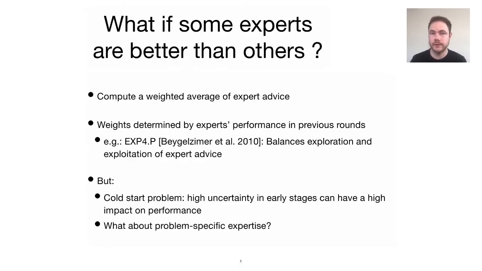So instead of a simple average, we can use a weighted average, wherein the weights are determined by the performance of the experts. Because we solve multiple problems with a set of experts, we have the opportunity to learn appropriate weights by iteratively increasing the weights of experts whose advice leads to good decisions.